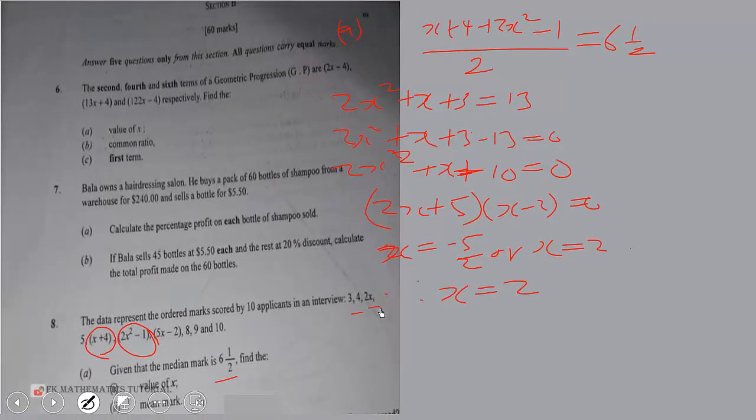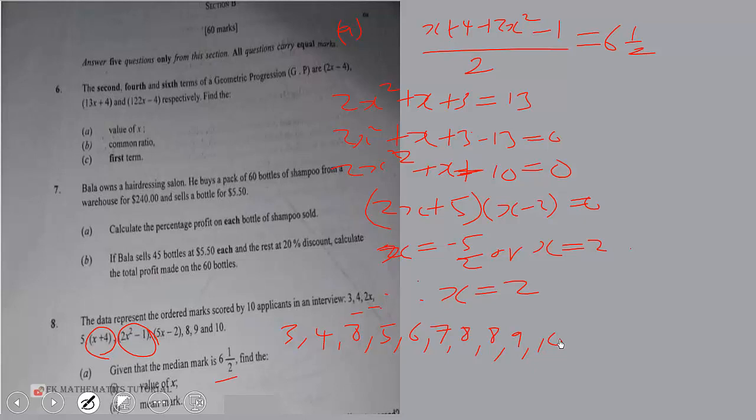And then that will give us the data set: 3, 4, 8, 5, 6, 7, 8, 8, 9, 10. So we are getting the real data set now, not in terms of the variables.